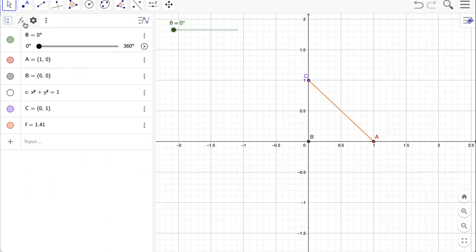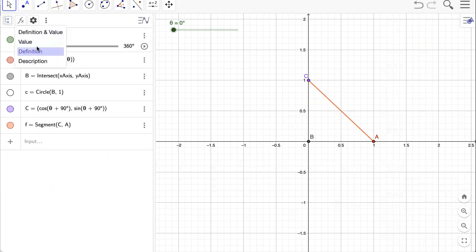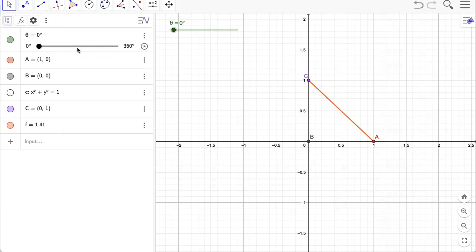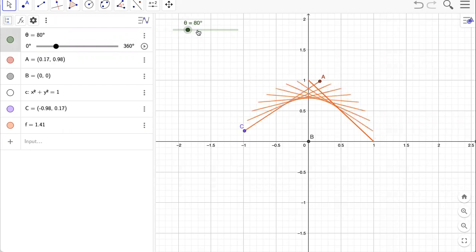All right, and you can use it to change whether you want to show the definition, or show the value, or show both. Okay, you can experiment with this. In this way, when I drag, you will only see the values changing, okay? And hope that they still remember that these are the X and Y coordinates. Right?